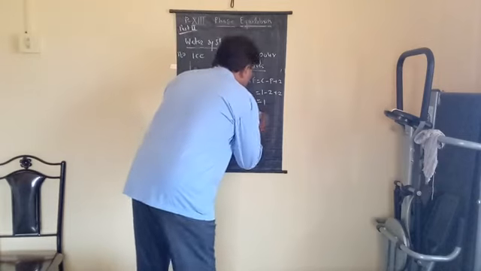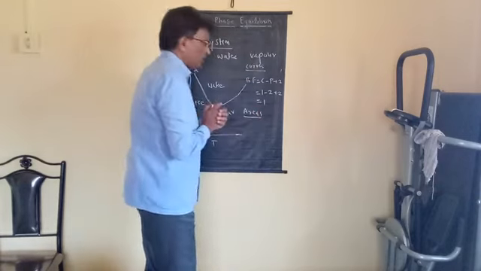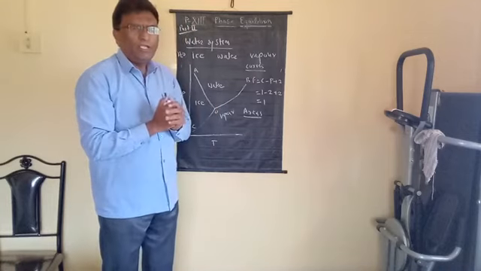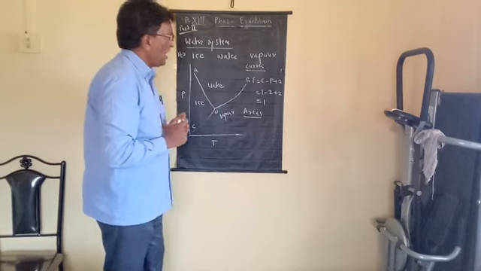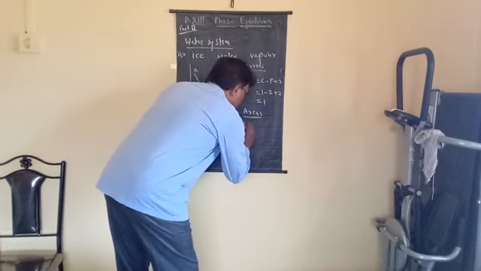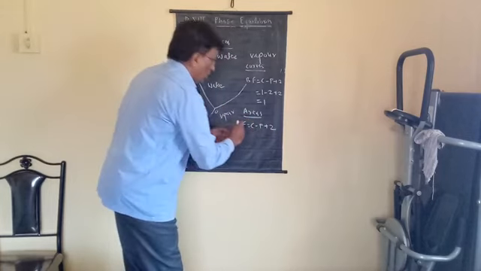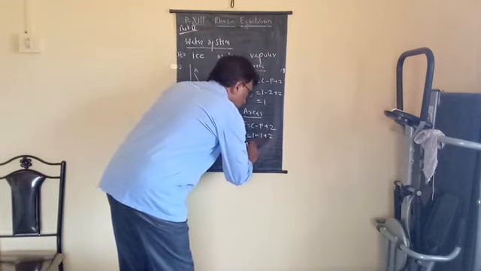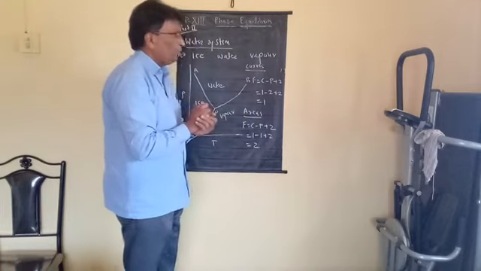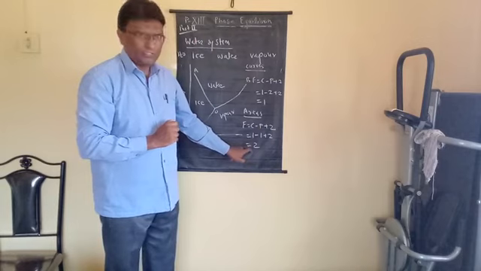Now let us see the general explanation of areas. In an area, only one phase is in equilibrium, and according to the Gibbs phase rule, here we get 1 minus 1 plus 2, that is equal to 2. That means areas are bivariant.